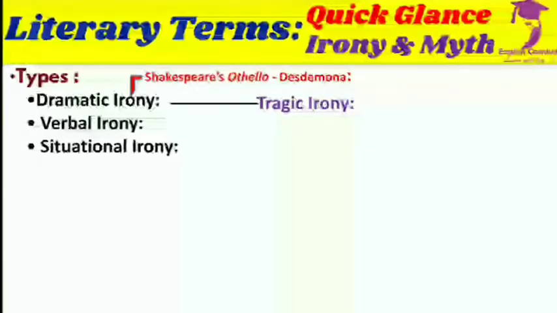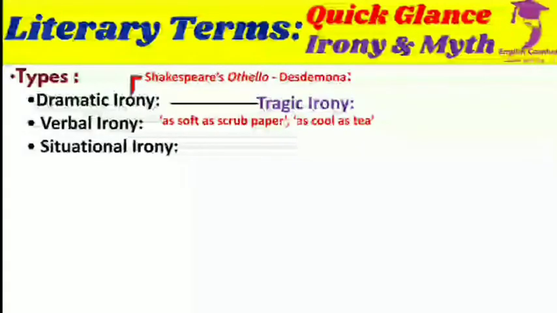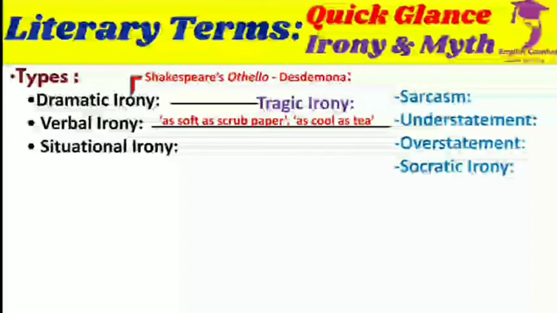It may consist of ironic similes as well, friends, and that's the reason we have examples like soft as scrub paper or as cool as tea. So these are perfect examples of verbal irony. Now, friends, when we think about its subtypes, then we have sarcasm, understatement, overstatement, and Socratic irony.